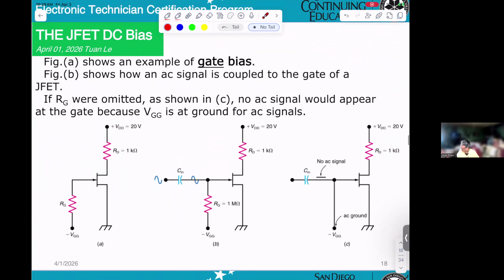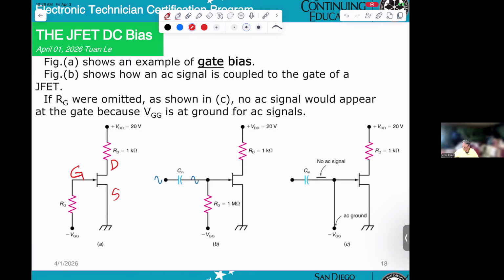Now you see, first, for example, gate bias. This is the gate, this is the drain, and this is the source.